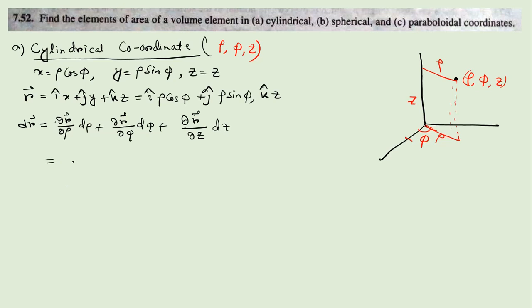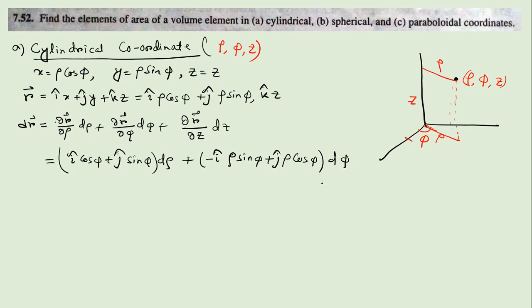So this can be written as: derivative with respect to rho gives i cap cos phi plus j cap sin phi, that into d rho, plus, derivative with respect to phi, minus i cap rho sin phi plus j cap rho cos phi, that into d phi, and the third one is k cap dz, right?